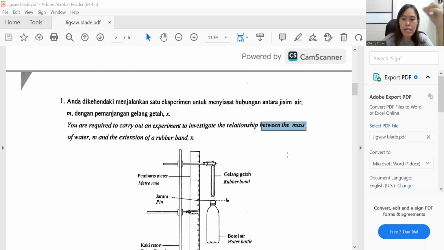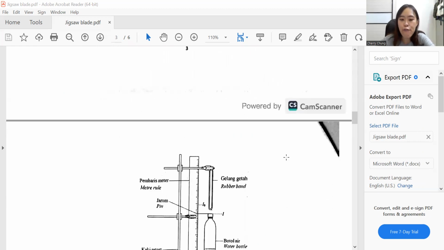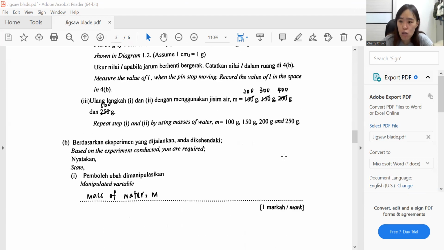So we have identified that the mass of the water is the manipulated variable, so I write it here directly. Follow the questions. The question asks you to write what, you just write what. And in my practice, I would prefer you to write down the symbol of the variables as well. If you can, write it down. If you cannot, it's okay.